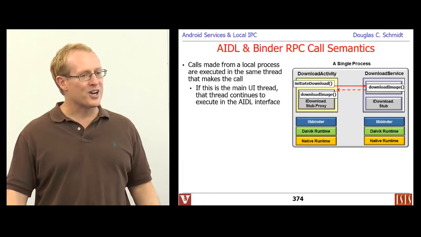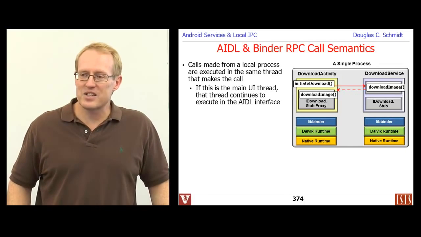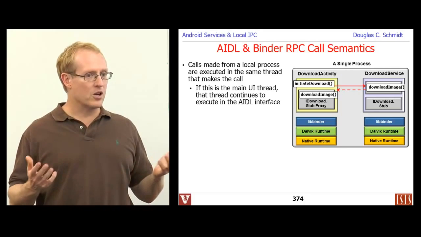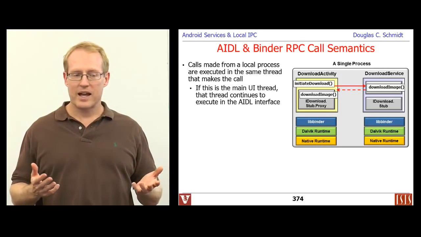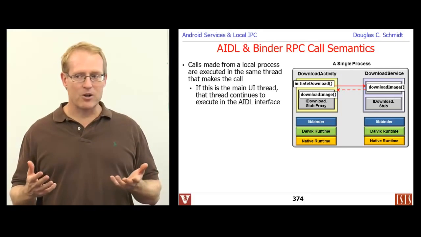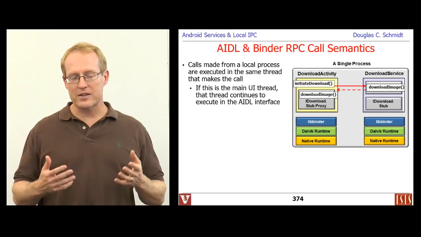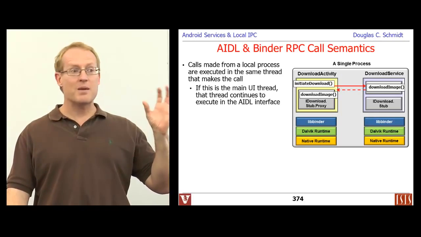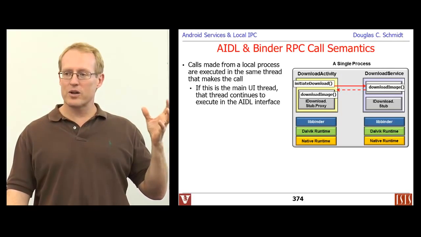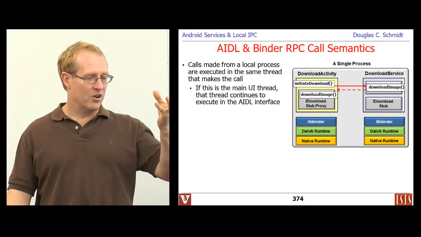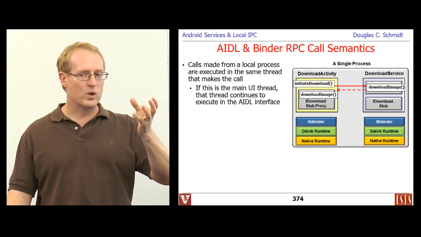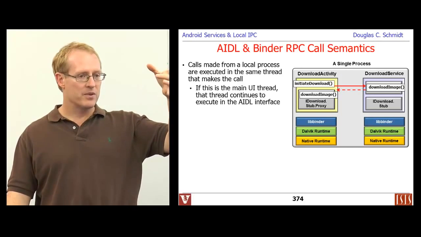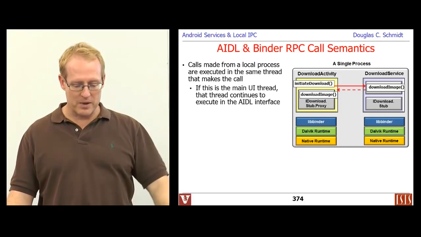Something else that's important to talk about in this context is the issue of call semantics. So what are the appropriate call semantics for the AIDL and binder RPC mechanisms? And it turns out there's a couple subtleties here that you need to be aware of. So if you are in the same address space and you invoke an operation through a proxy, what that ends up being is just a direct method call to the receiver, which is in the same address space.